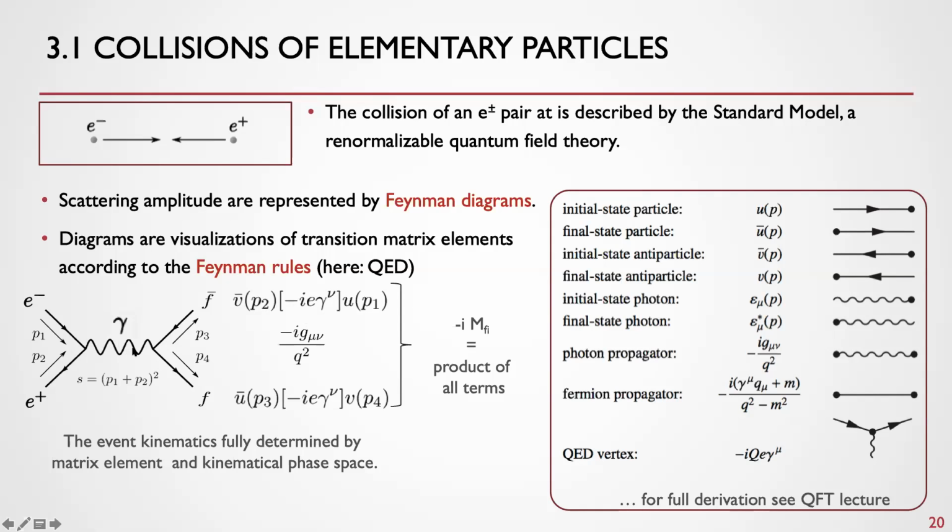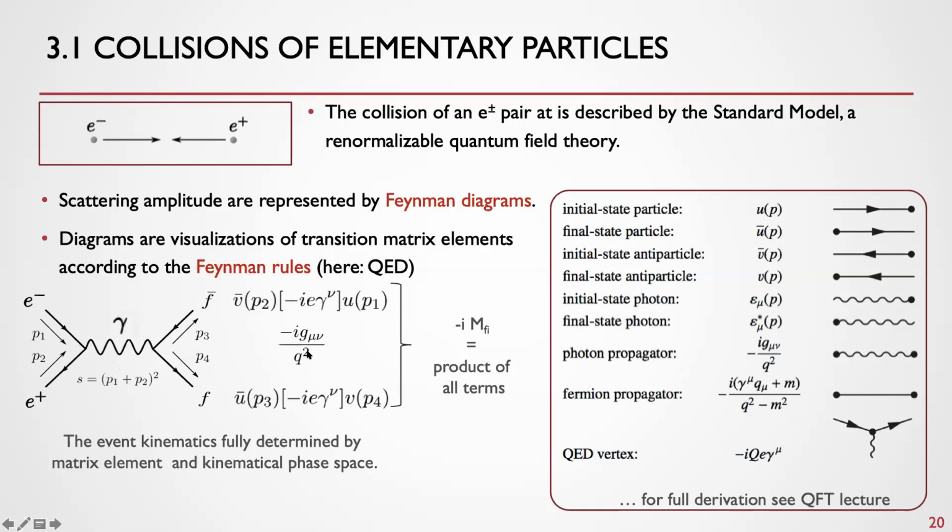And for the wiggly line, which represents the photon connecting the two interactions, you have to write what is called a photon propagator. The photon propagator is the Minkowski metric g_mu_nu, which connects the two gamma matrices, divided by the momentum squared of the photon, which in this case would simply be s.